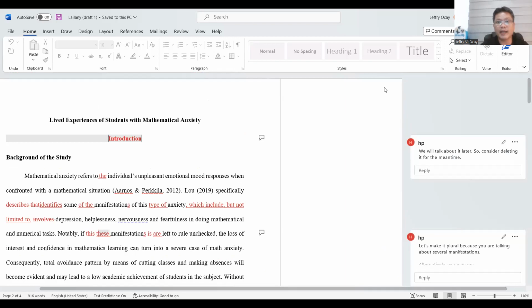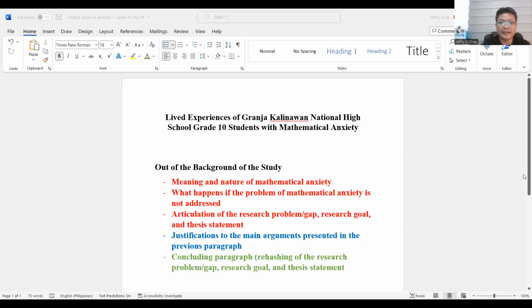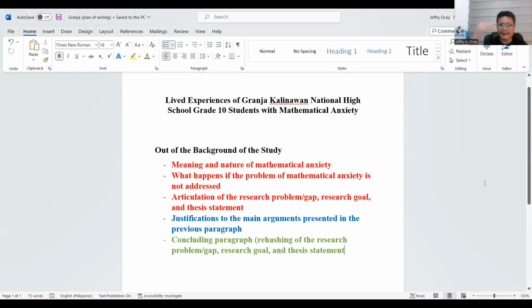But before that, again, just like what I did in part 2, I present with you the plan in writing the background of the study. So again, after this, I will present draft 4, or the second to the last draft of the background of the study.